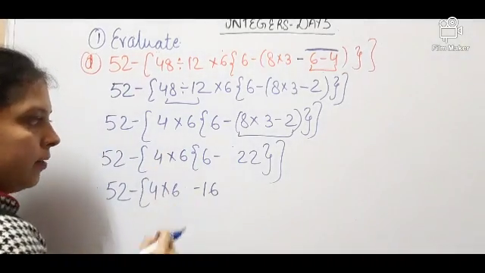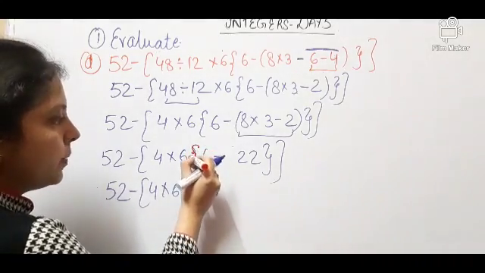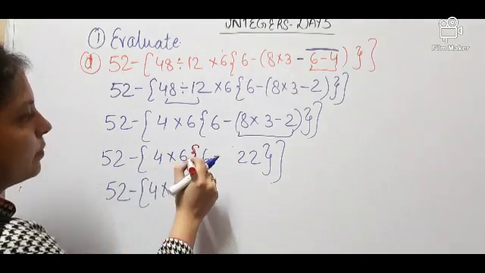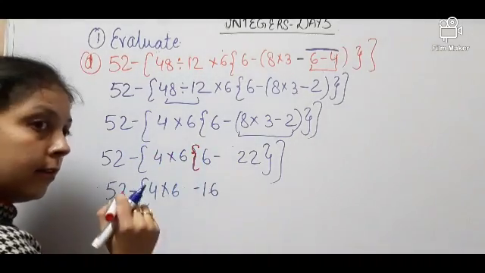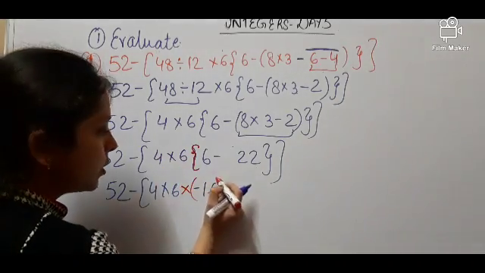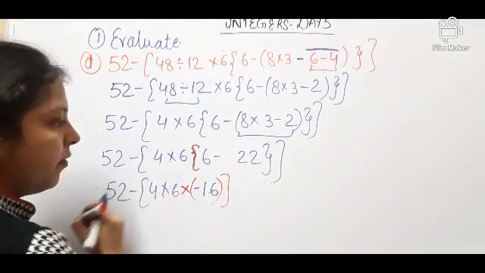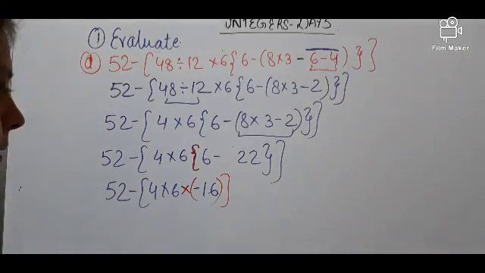Also, the most important thing: this bracket is not preceded by any sign. This bracket is just preceded by a number, so we will consider a multiply sign in that case.